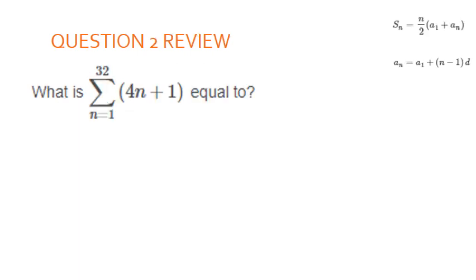So this is just like question number 2. On question number 2, you're trying to find the sum of the first 32 terms because you're going from 1 to 32. Remember this weird looking E is a summation sign. So the sum of the first 32 terms will be that 32 over 2.